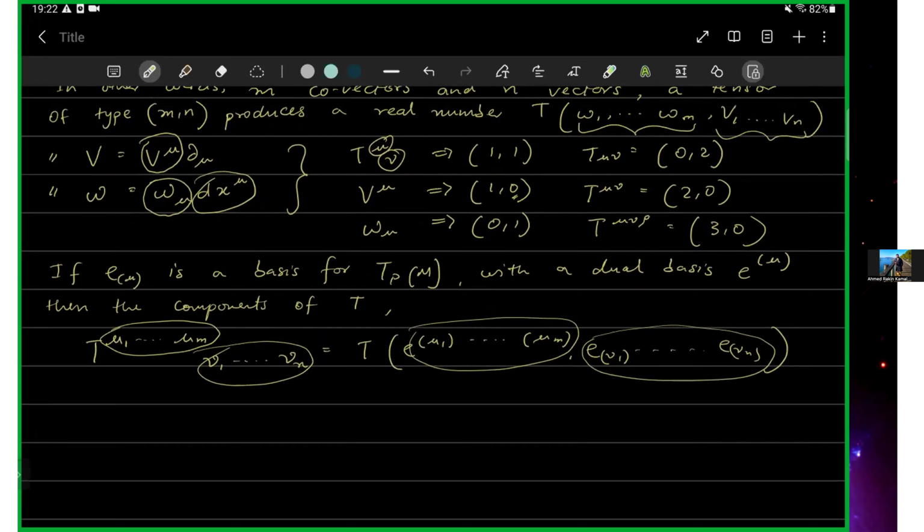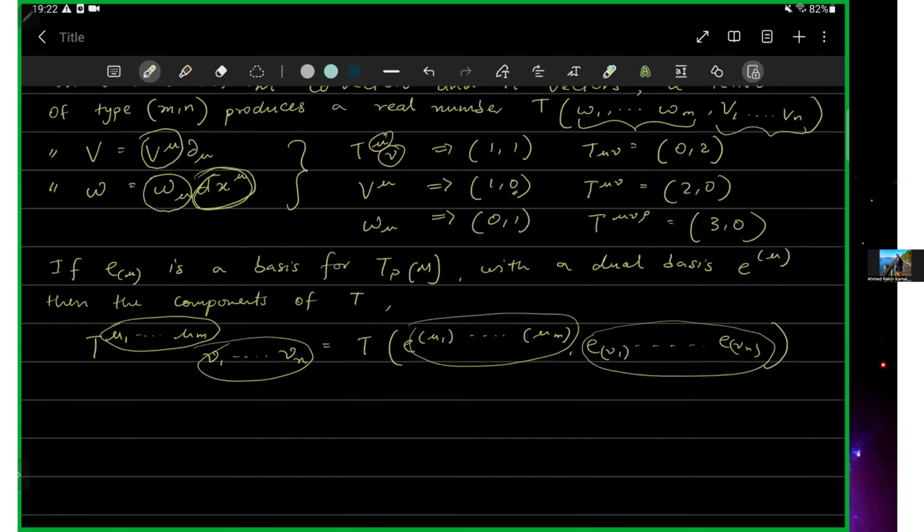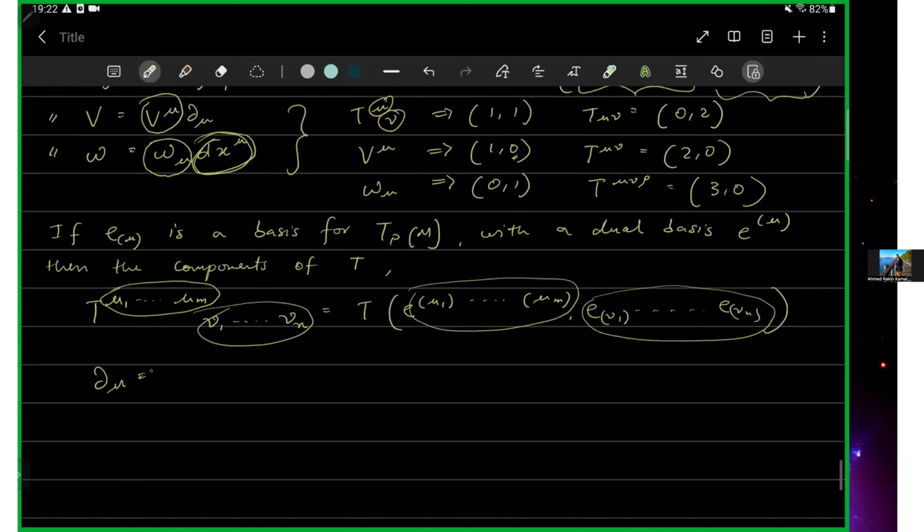Sorry, upper indices are for covectors, as you can see from here, and lower indices are for vectors. Because if you have del mu as such, this just means that this is del mu by del x mu upstairs, which essentially gives you a downstairs index, if you think about it, because I have an upstairs index which is in the denominator. Okay.